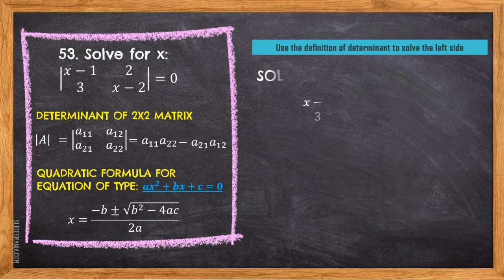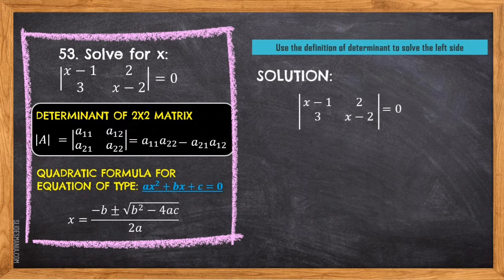So this is the solution. |x minus 1, 2; 3, x minus 2| is equal to 0. Applying the determinant of a 2 by 2 matrix, x minus 1 times x minus 2 minus 3 times 2 is equal to 0.